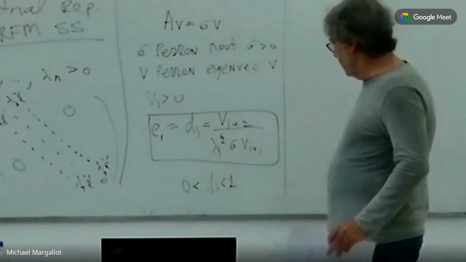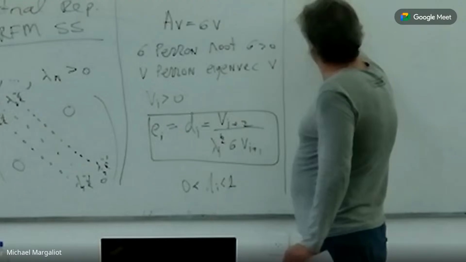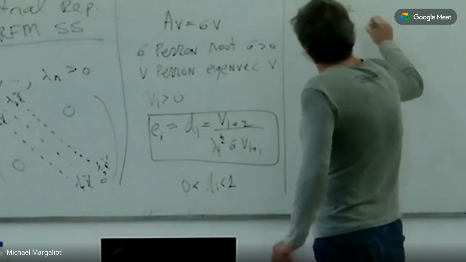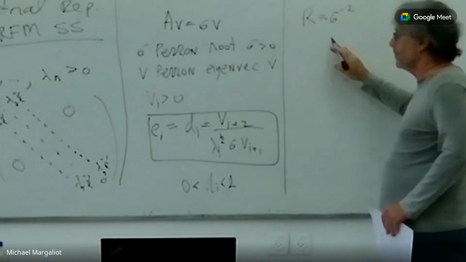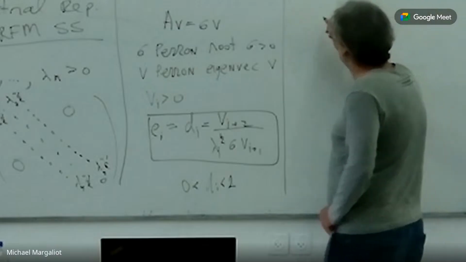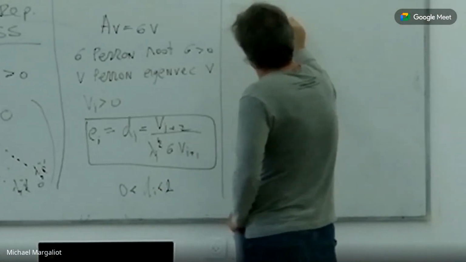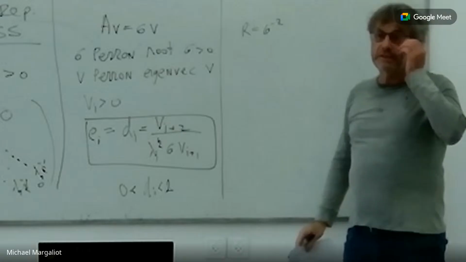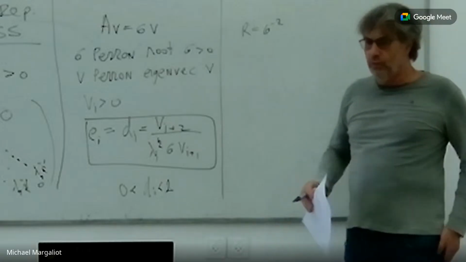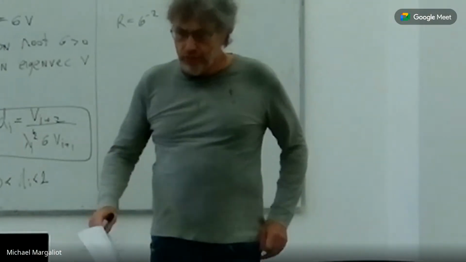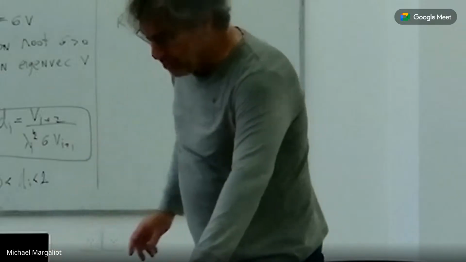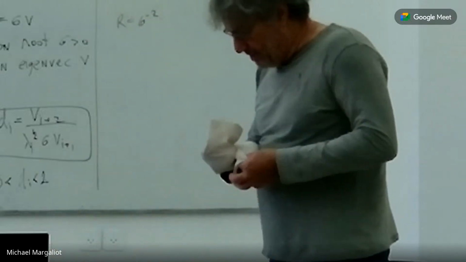And we also know that the steady state production rate is just sigma to the power of -2. So we have all these quantities, and I call this the spectral representation of the RFM steady state.